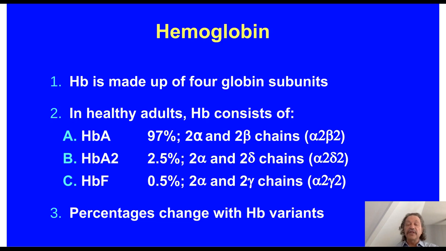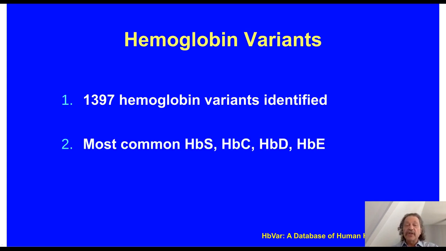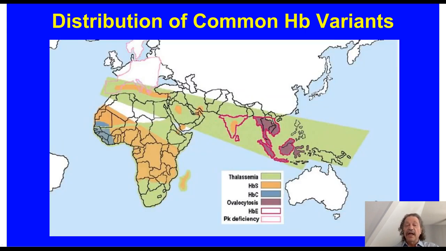Now, these percentages change, obviously, in the presence of a hemoglobin variant. So to date, 1,397 hemoglobin variants have been identified, but the most common ones by far are hemoglobin S, C, D, and E. And this slide shows the distribution of the common hemoglobin variants.